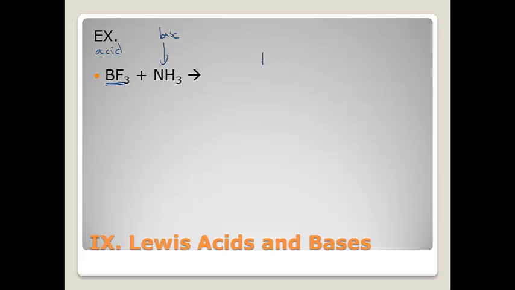Look at the Lewis structures. Okay, boron trifluoride. Remember, boron only has 3 valence electrons, so it can only make 3 bonds like that. Okay, but it's highly reactive because it wants that 4th pair of bonds. That should be going right here. Okay, ammonia has the extra pair of bonds. So what can it do?